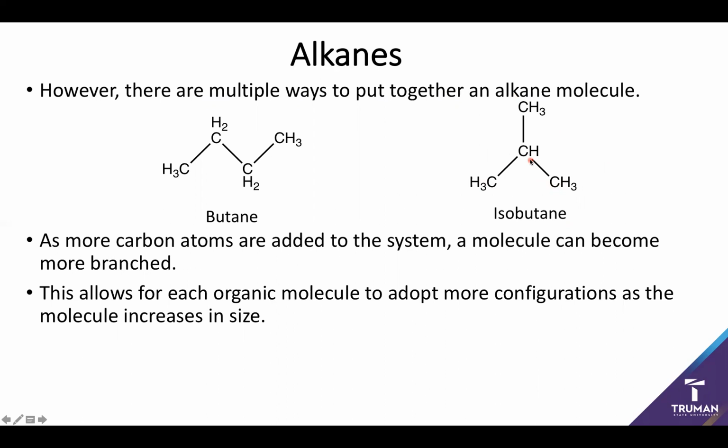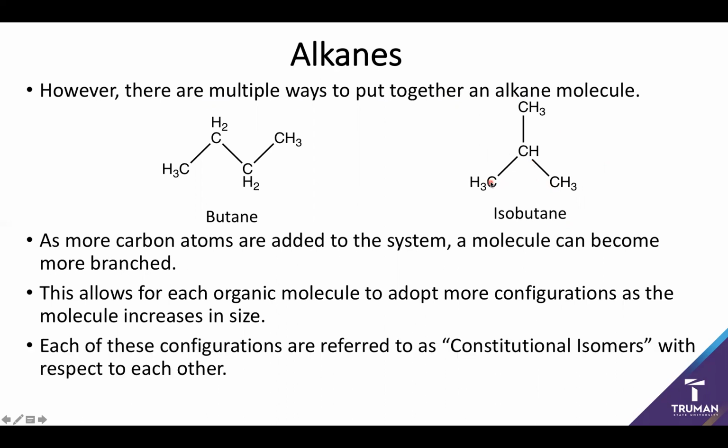We need a way to be clear that both of these are butane, but they're not the same molecule. We call these different configurations constitutional isomers, meaning they have a different structure but the same molecular formula.